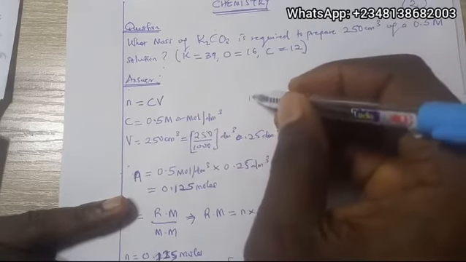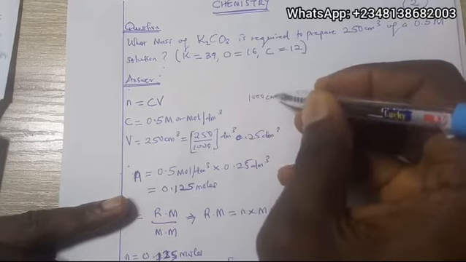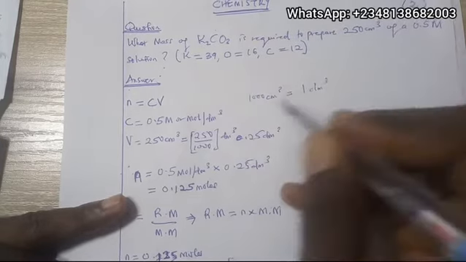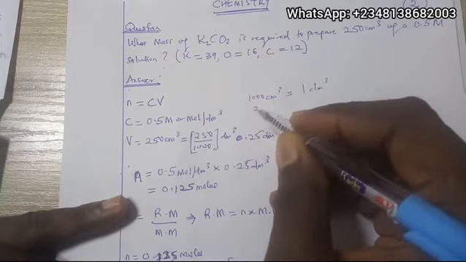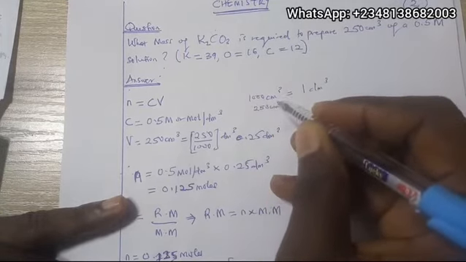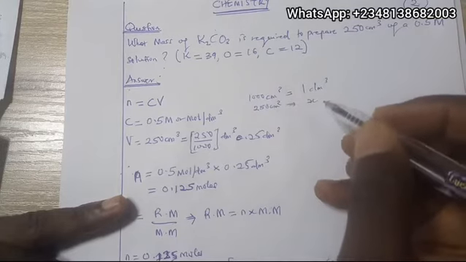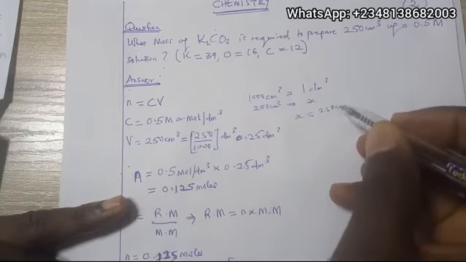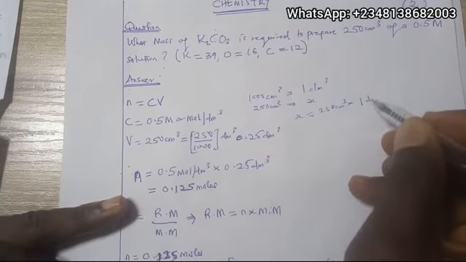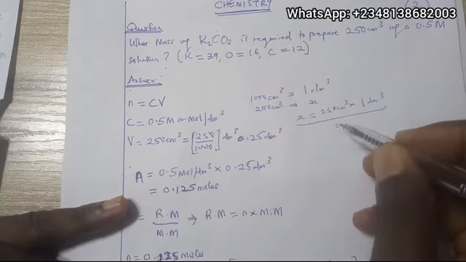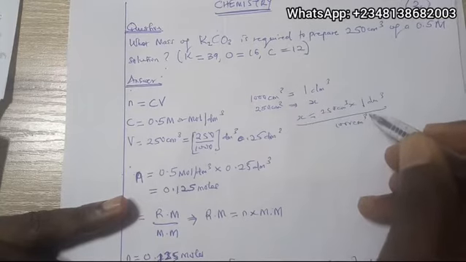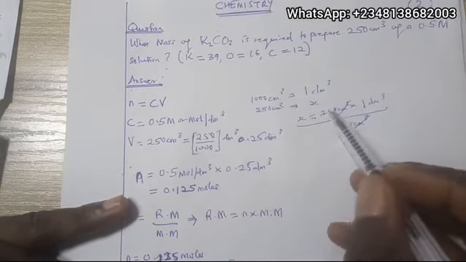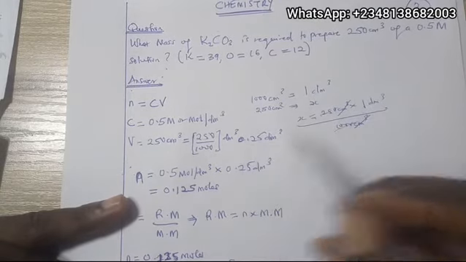Remember that 1000 cm³ is equal to 1 dm³. So if you want to convert 250 cm³ to dm³, we don't know the value, so we call it x. If you cross multiply, x becomes 250 cm³ times 1 dm³ all over 1000 cm³. cm³ cancels cm³. This divided by 1000 will give you 0.25 dm³.